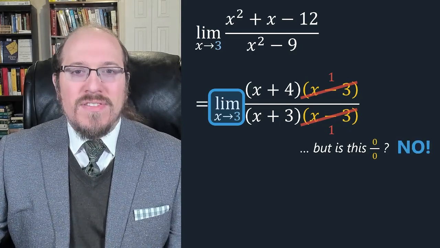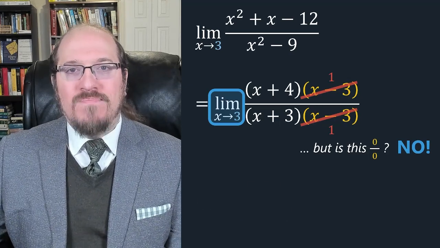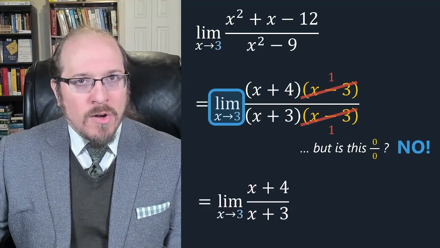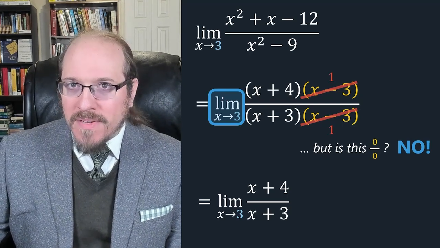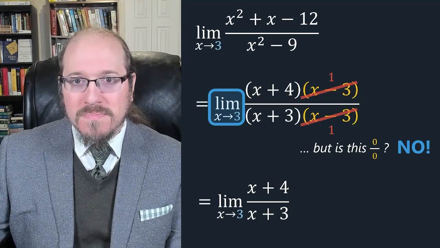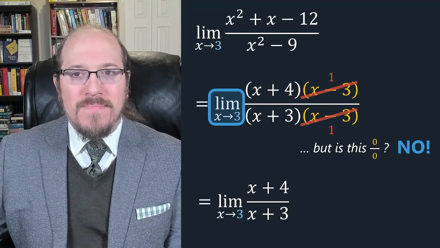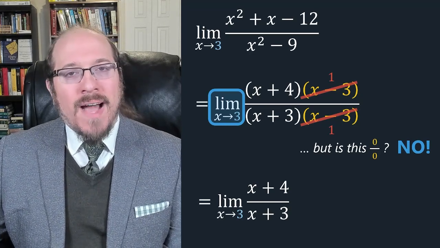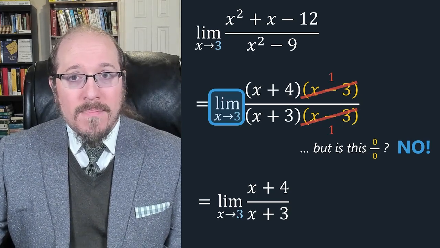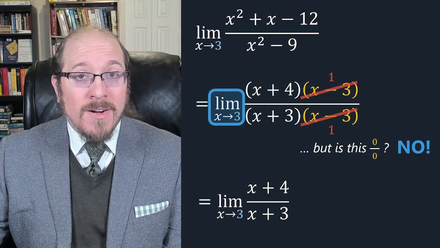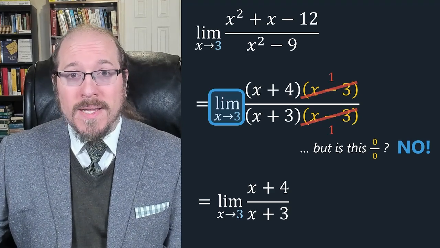So we can safely cancel them out to 1 and simplify the fraction, as long as we still write that limit notation to keep us safe from dividing 0 by 0. And look what happened. By simplifying the fraction, now we have a rational function that does have 3 in its domain, because it won't cause us to divide by 0 if we try to plug in x equals 3.